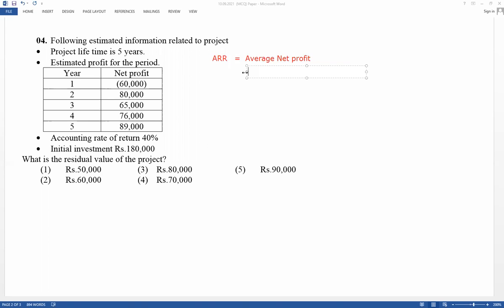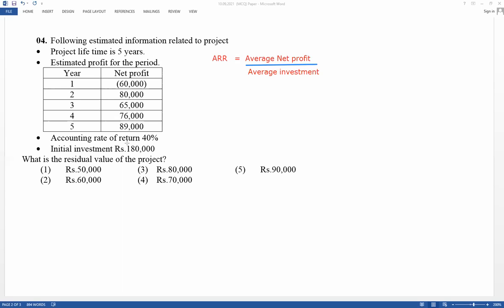This is the way you have to calculate accounting rate of return. Average net profit divided by average investment equals accounting rate of return, multiplied by 100 as a percentage, or the value can be disclosed as 0.1. This is the way normally you have to calculate accounting rate of return.